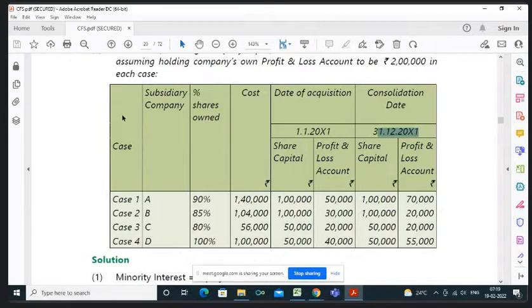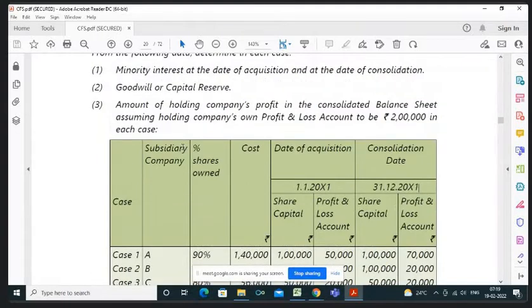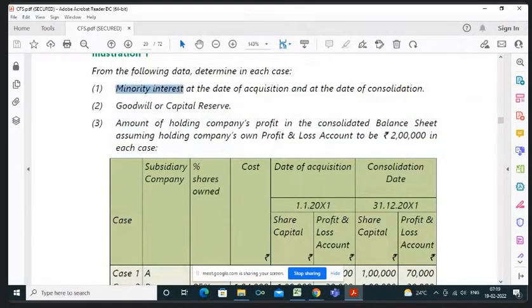So for this particular table, what do we have to find out? The first thing is minority interest. Minority interest, we have to prepare for two different times. One is at the time of acquisition and second is at the time of consolidation. And the second item to be worked out is goodwill or capital reserve.